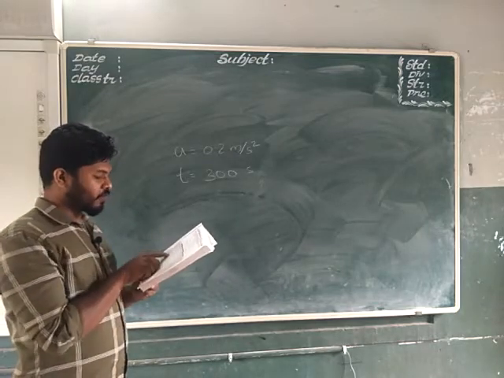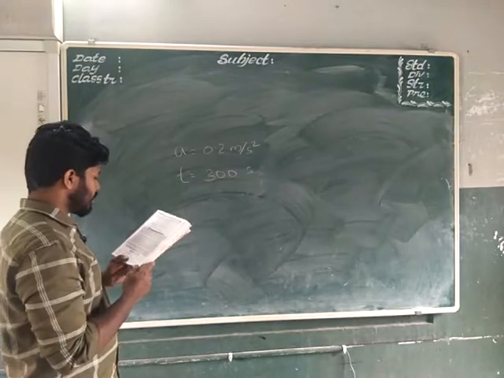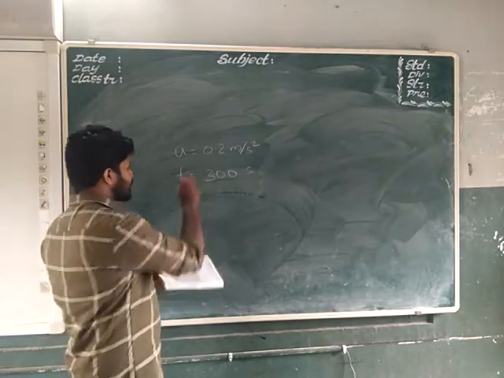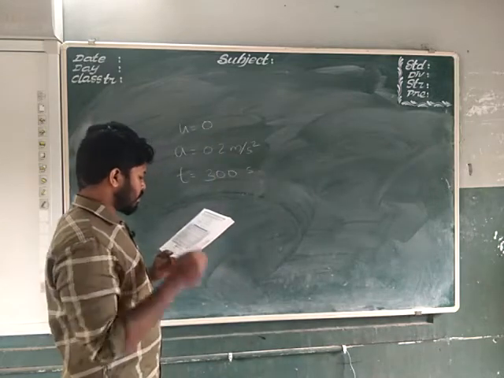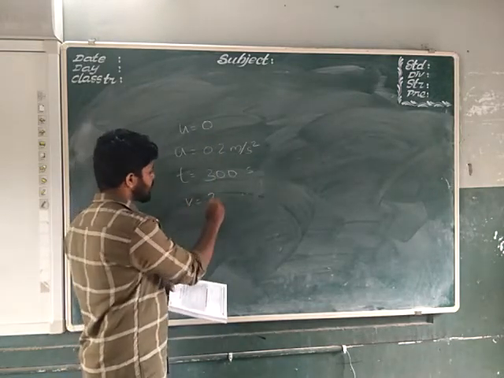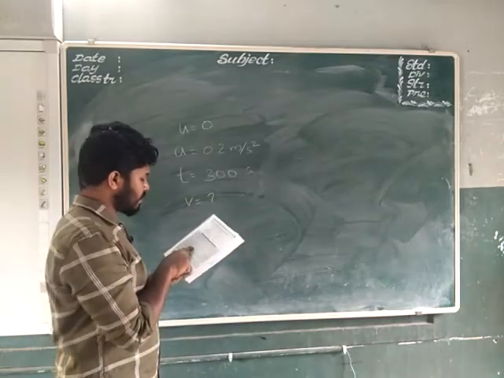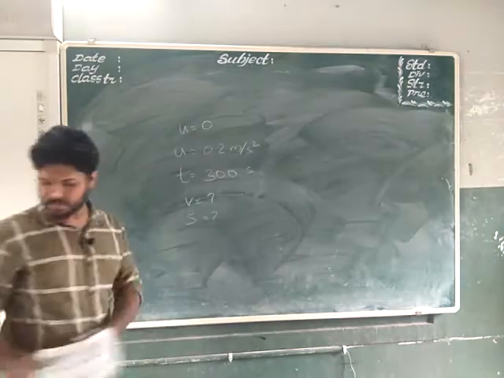Calculate the speed acquired and the distance traveled. The train is starting from rest, so initial velocity is equal to 0. We have to find the final velocity, and we have to find s also.